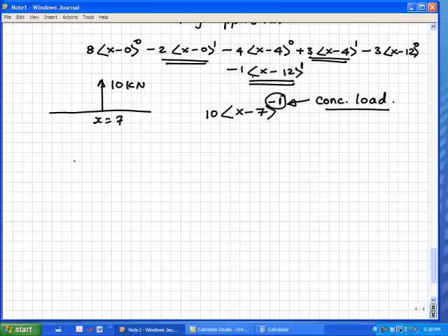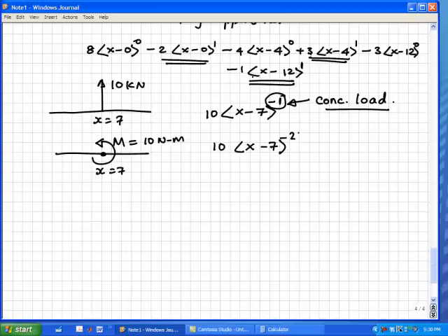So this is a concentrated load. The next thing is a concentrated moment, a torque. Let us say 10 Newton meters at the same location x equal to 7. I will write it as 10 times x minus 7 to the power minus 2. This means concentrated moment.